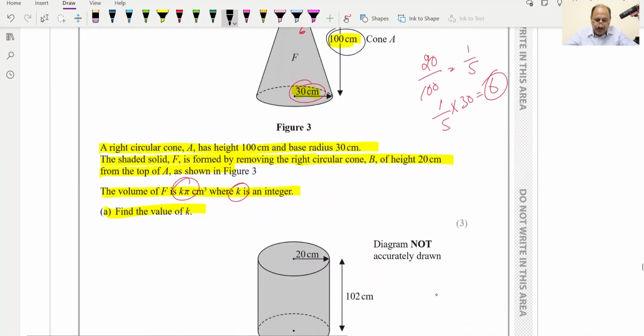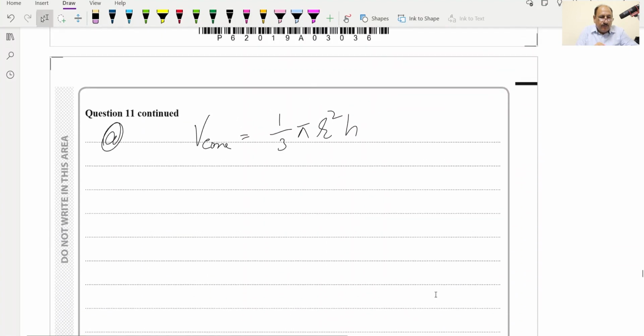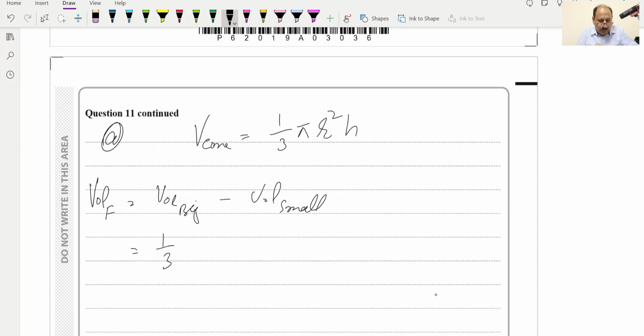So the volume of F is equal to the volume of the bigger cone minus the volume of the smaller cone. The big cone will be 1 by 3 pi, 30 squared into 100, minus 1 by 3 pi, 6 squared into 20.